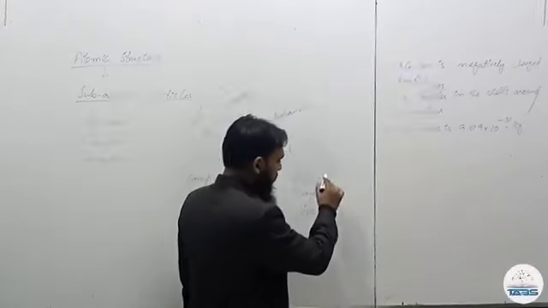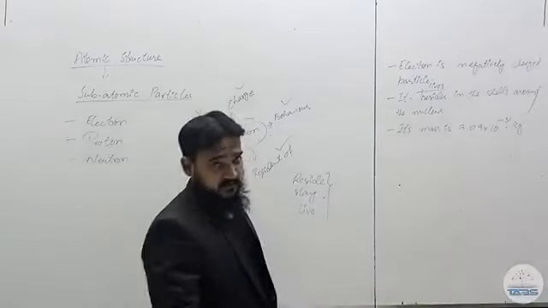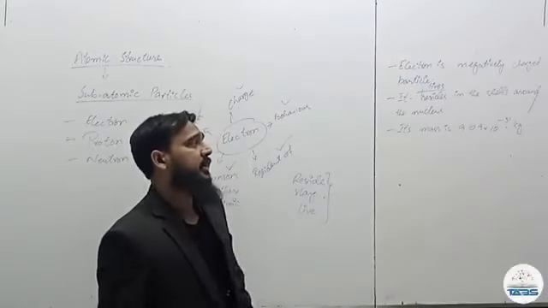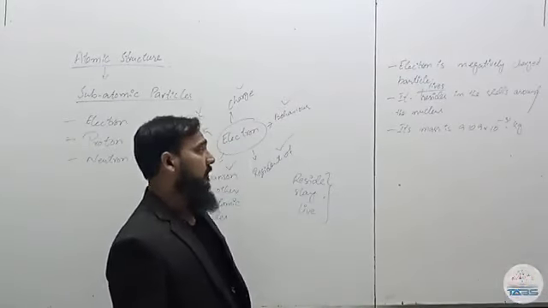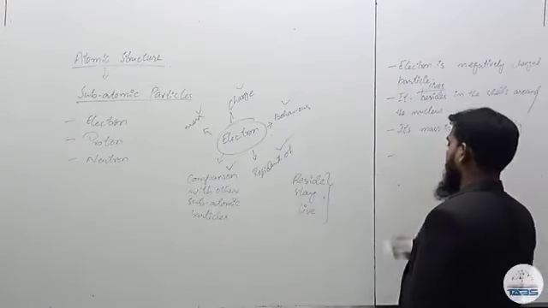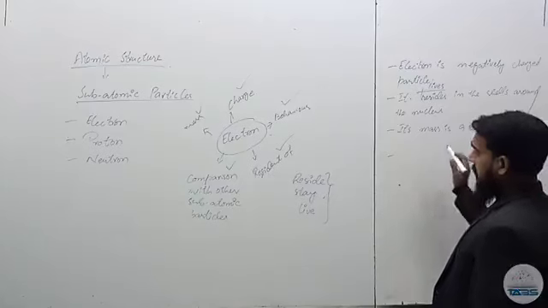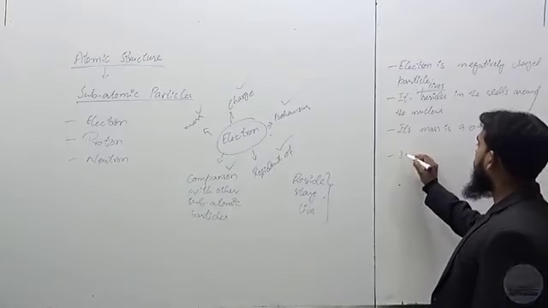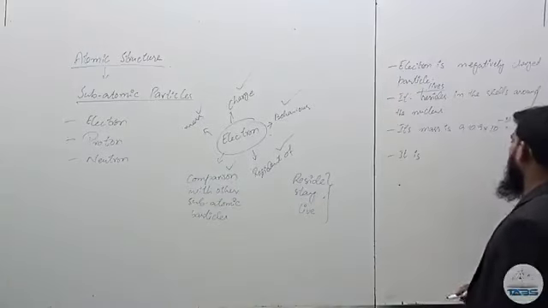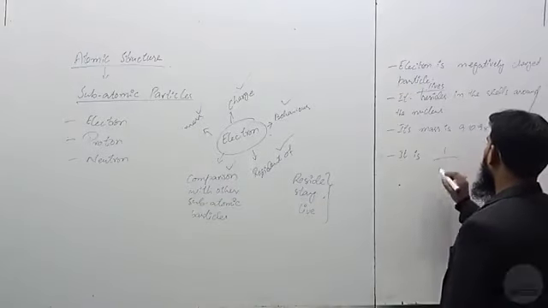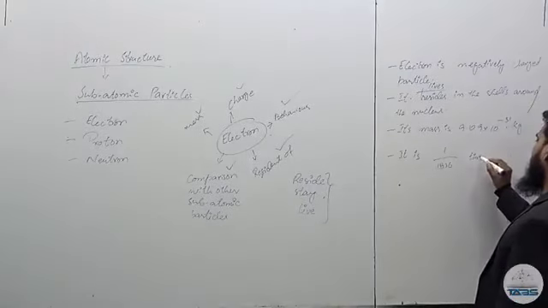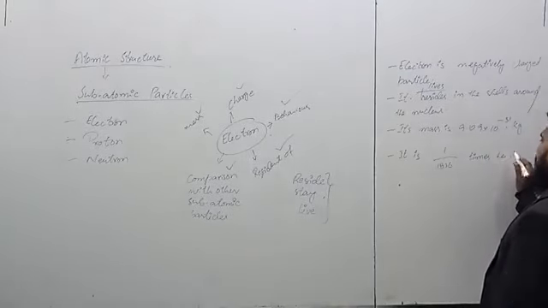These are sufficient words. They may suffice the topic, and its mass is 9.109 into 10 raised to minus 31 kg. Well, when we compare it, it is 1/1836 times lighter than the proton.